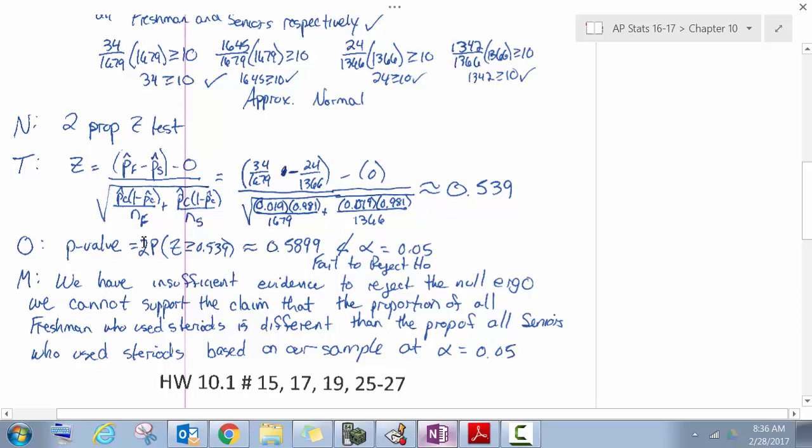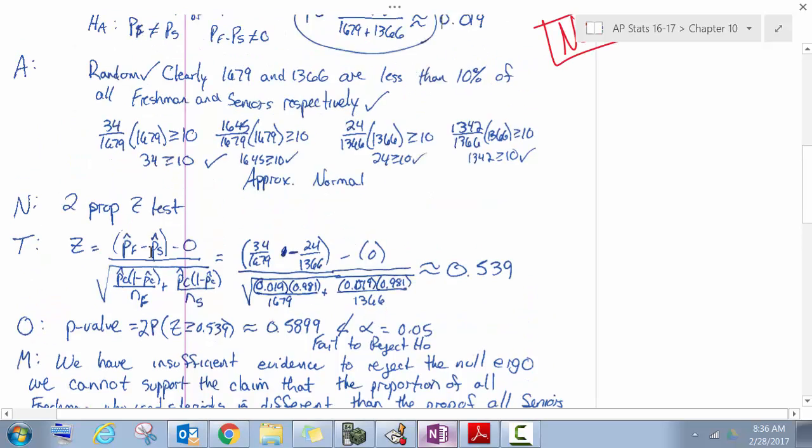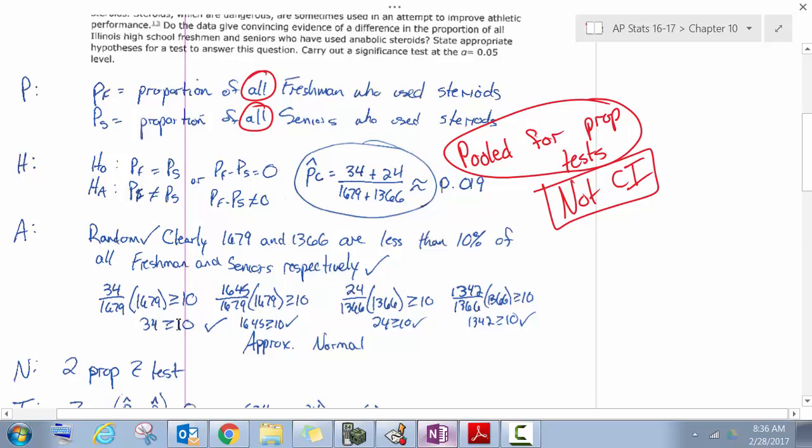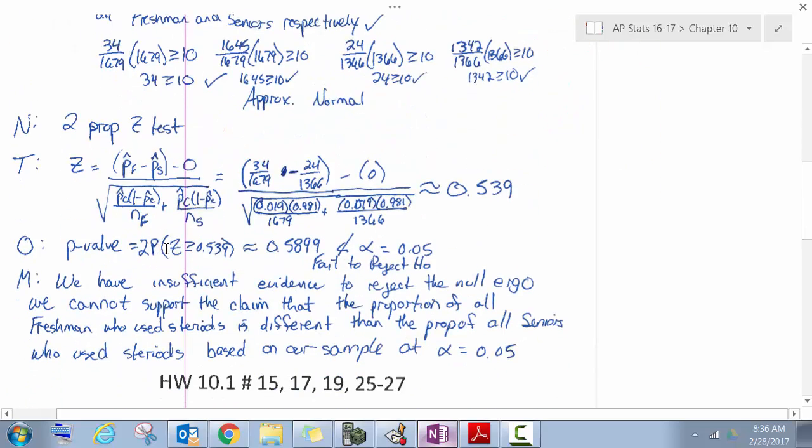To find the p-value, it's 2 times the probability, and it's 2 times because it's two-tailed, it's not equals. 2 times the proportion of z greater than 0.539. Again, this is greater than because it's a positive test statistic, which is our z-score.